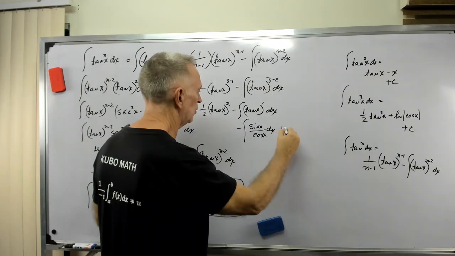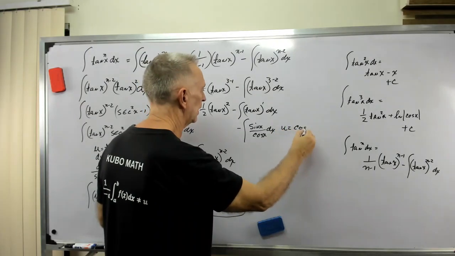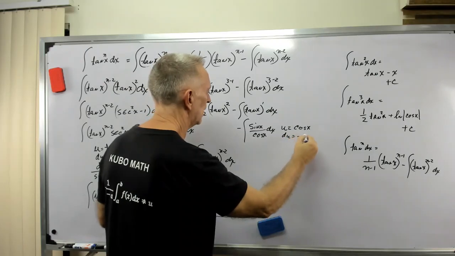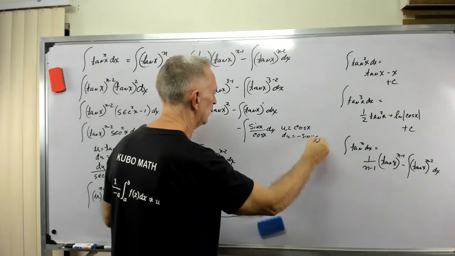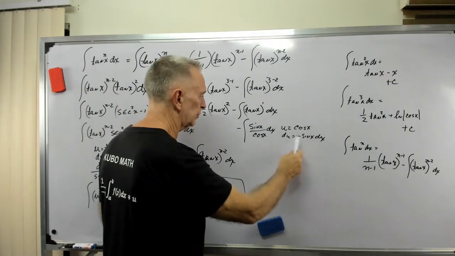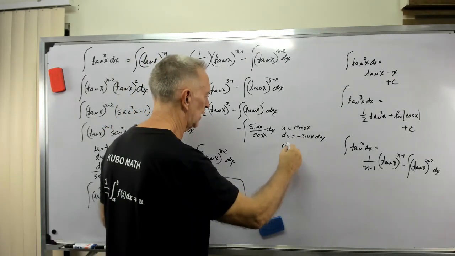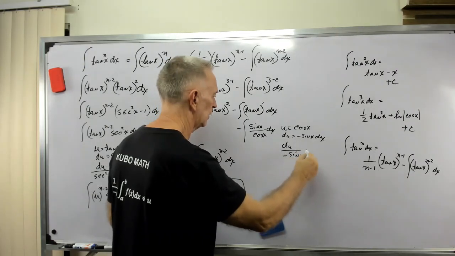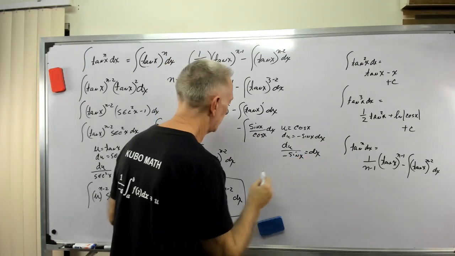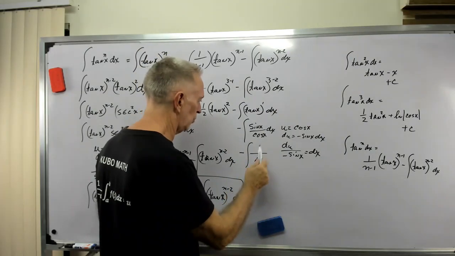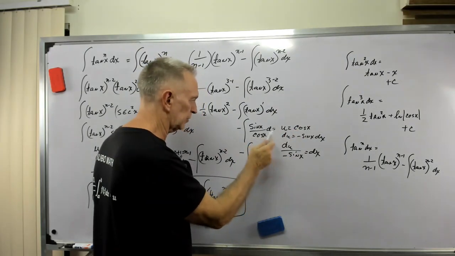Well, let's let u equal cosine x. du equals minus sine x dx. If I isolate, divide both sides by minus sine x, I have du over minus sine x equals dx. Okay, so now minus the integral of u, which was cosine x.